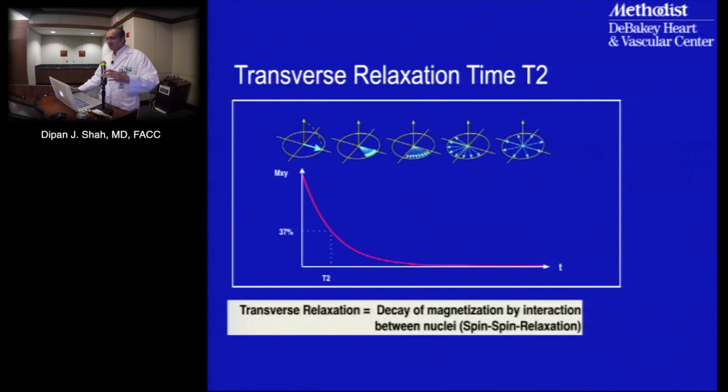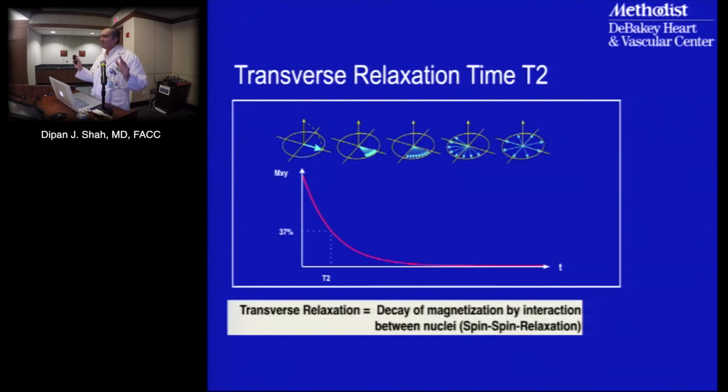Now, what happens once these protons get excited is that there are two forms of relaxation that occur. When you've taken protons that were upright in the z-axis and driven them into the transverse plane, these protons initially spin around together, but gradually they start to spin around at slightly different frequencies, and they eventually become separated from each other.